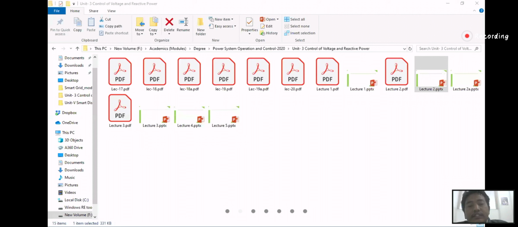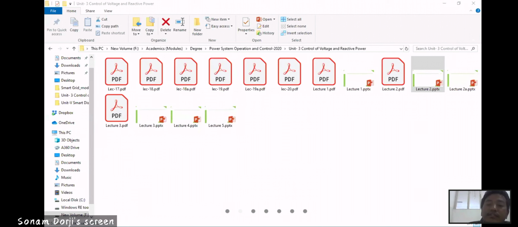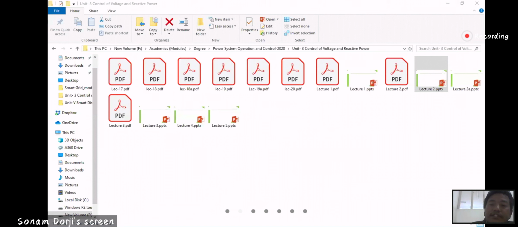You will understand when to use shunt reactors and when to use shunt capacitors after completing this.